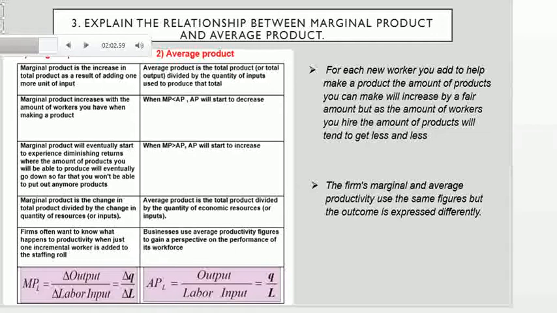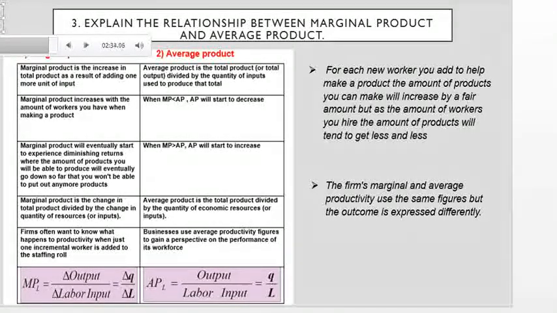On the other hand, businesses use average productivity figures to gain a perspective on the performance of their workforce. Finally, the marginal product of labor equals change in output divided by change in labor input, and the average product of labor equals output divided by labor input.